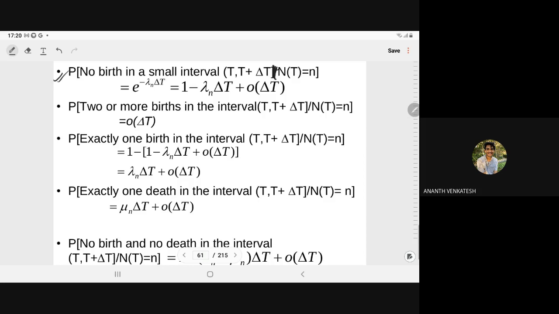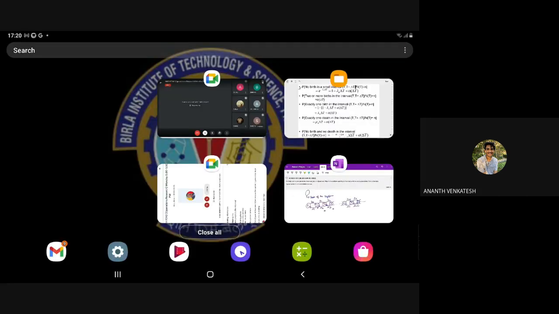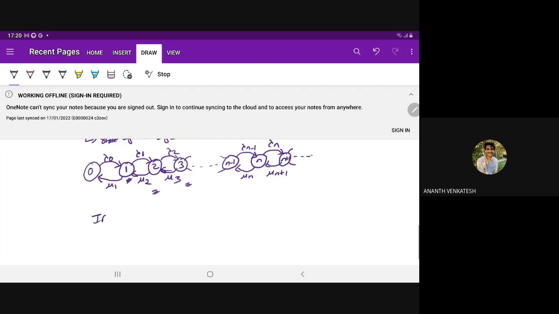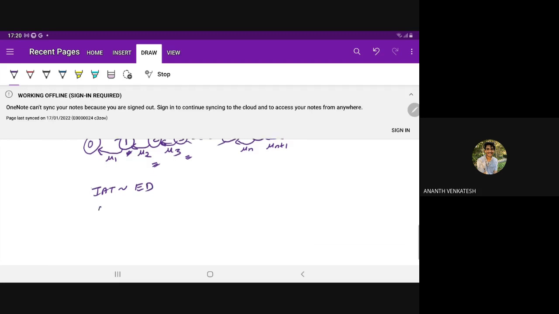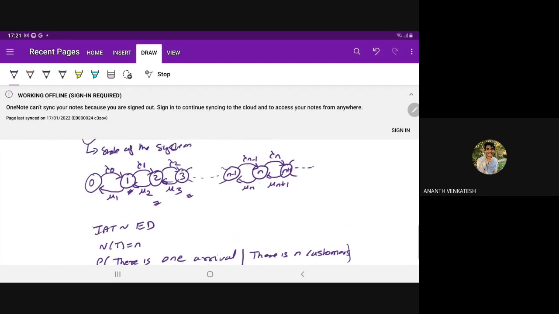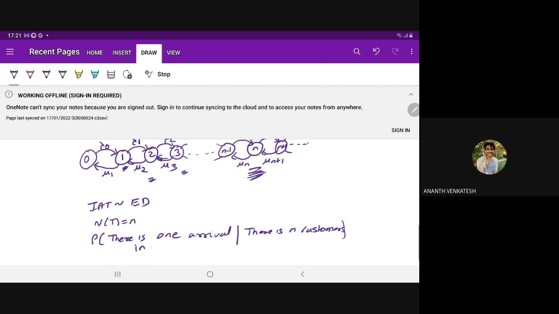What will be the answer? What I am asking is, if the inter-arrival time follows the exponential distribution, right, and N(t) is equal to n, what is the probability that there is one arrival, given there are n customers, in the interval t to t plus delta t?